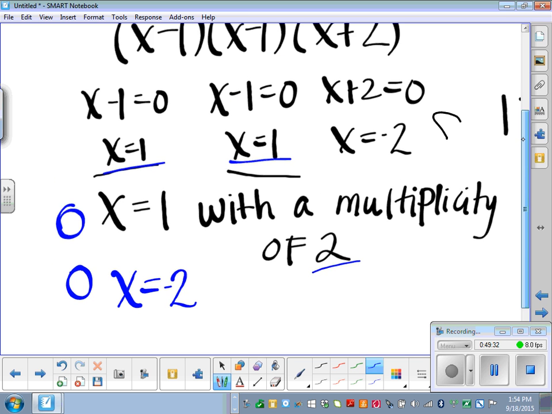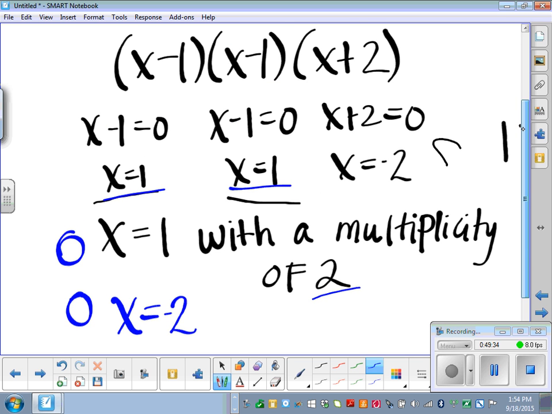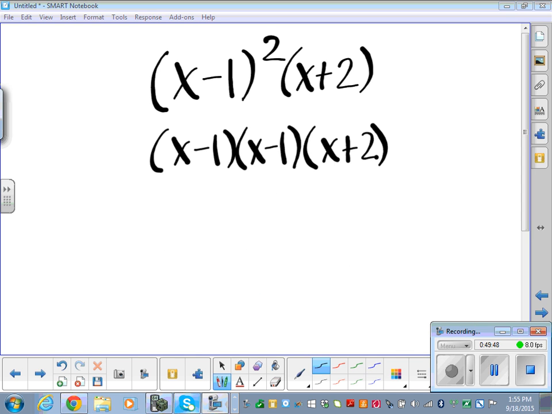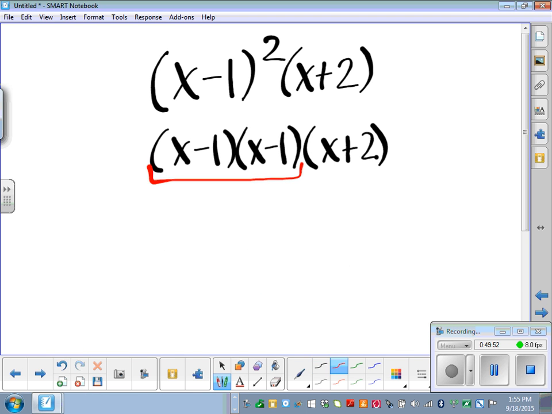Now, if we wanted to find the polynomial, we'd have to go through and actually multiply it out. I would suggest focusing on two of them first and multiplying those together.